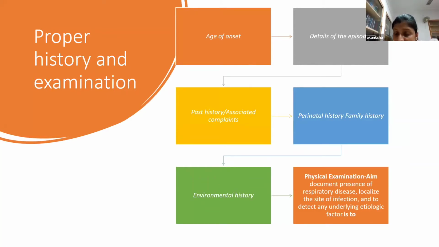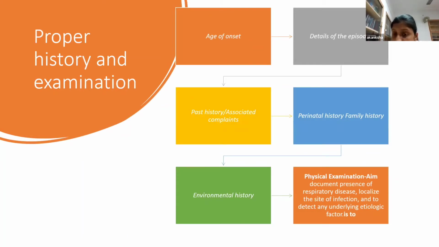Details of each episode should be recorded properly. Any past history of previous hospitalizations, recurrent infections needing hospitalization and prolonged IV medications, and other associated complications should be recorded. Perinatal history should be taken.